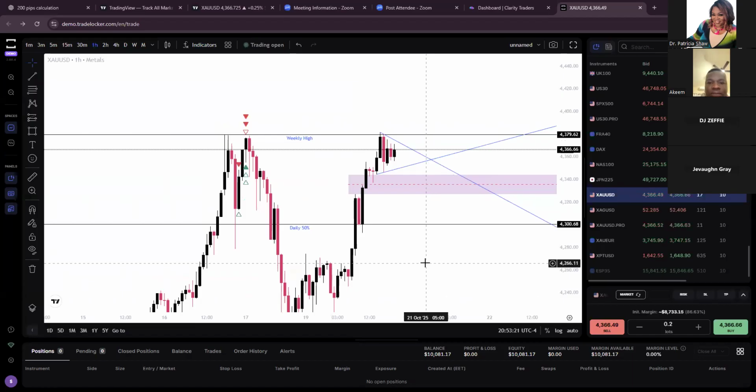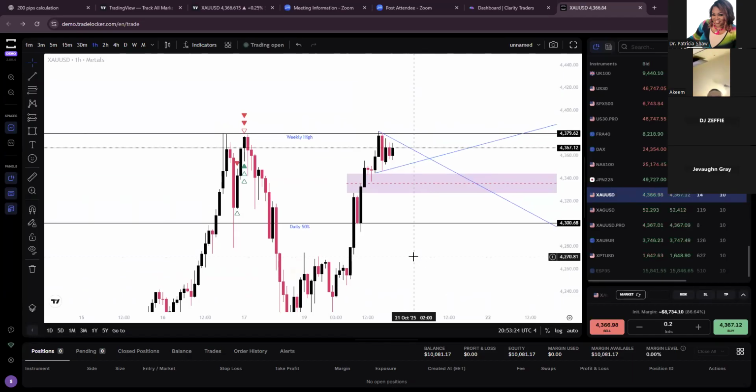We know that gold is bullish, but we don't know when the next leg will be yet.